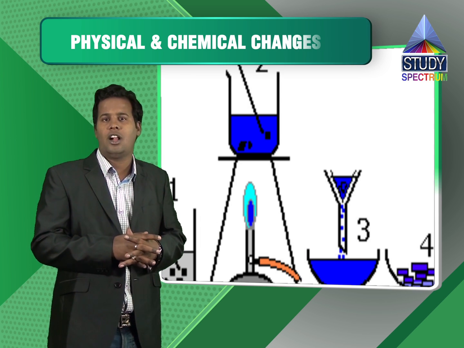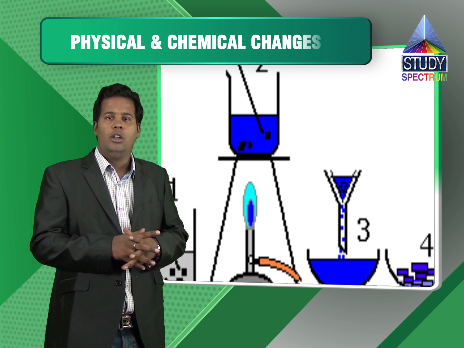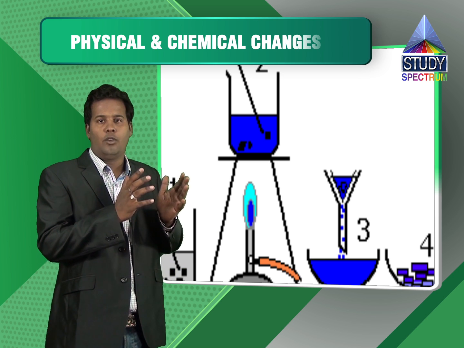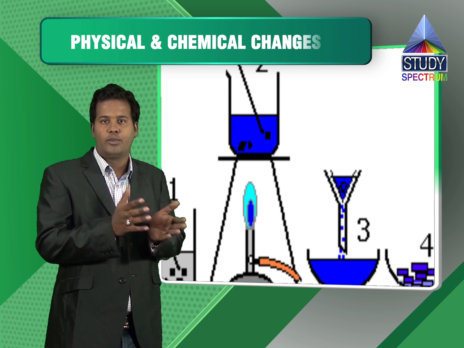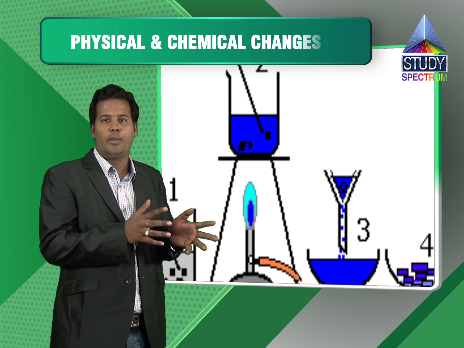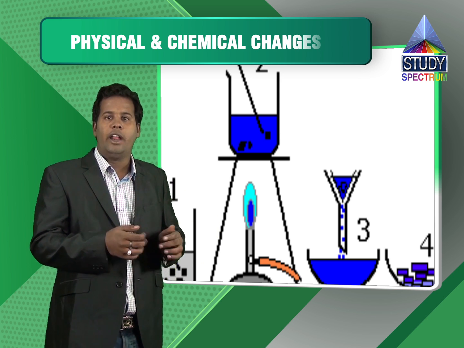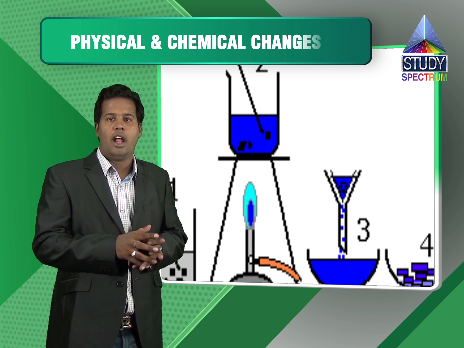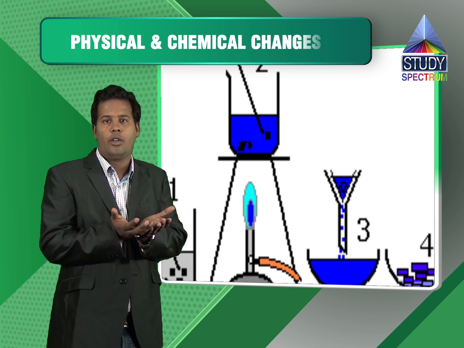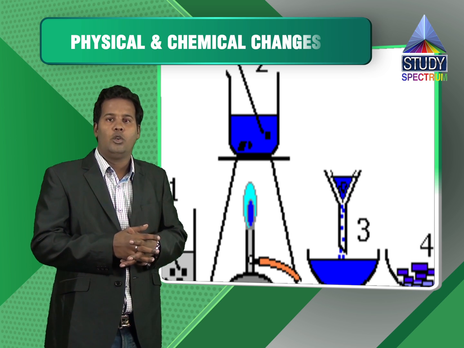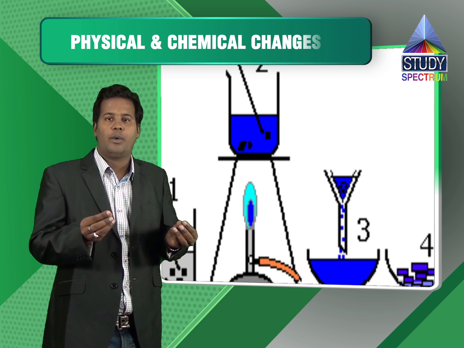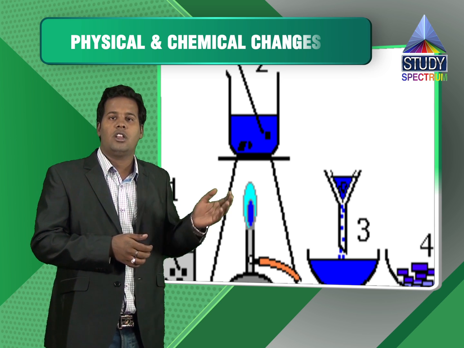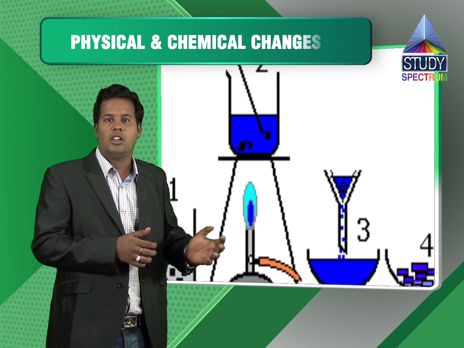The moment the crystals start appearing, you allow the solution to cool, and then filter the solution. Once you filter the solution, and if you take the filtrate on some plate, you can see the crystals of copper sulfate being formed. So this is how you can prepare the crystals of copper sulfate.